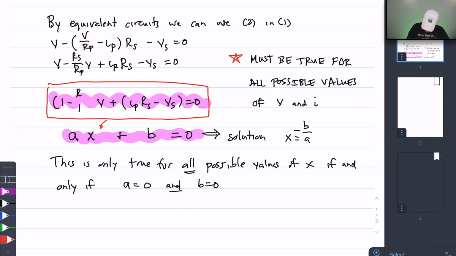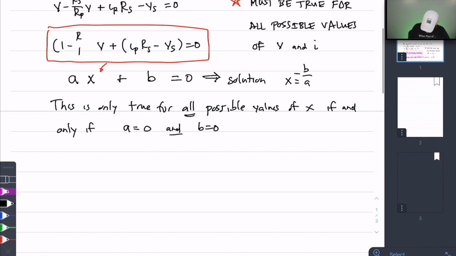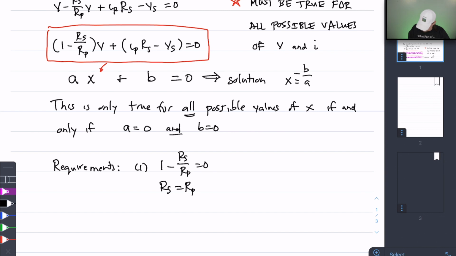So the requirement for these two circuits up here to be equivalent circuits, we have two requirements. The first is that 1 minus R_S divided by R_P is 0. That's equivalent to saying a is 0. Or notice that this is the same way of saying that R_S is equal to R_P.